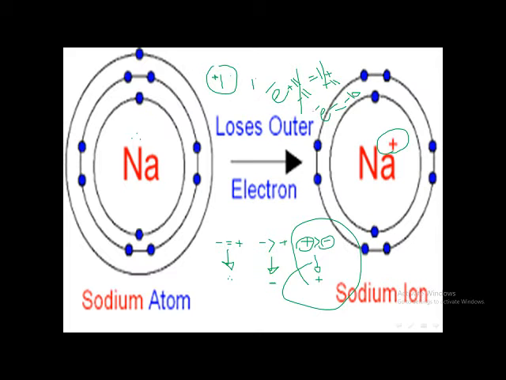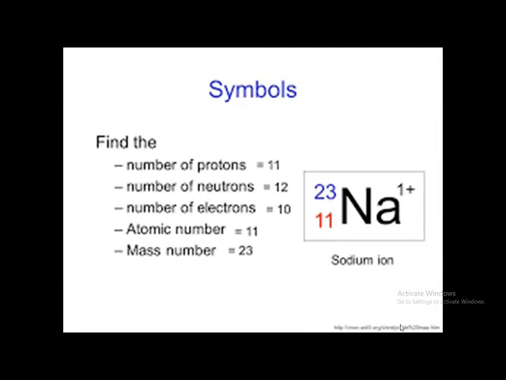The number of electrons inside this atom is 10, because we removed just one electron from the sodium atom, and that's why the charge increased in this product. So the number of protons is 11, the number of neutrons is 12, the number of electrons is 10, and the atomic number is 11, and the mass number is 23.